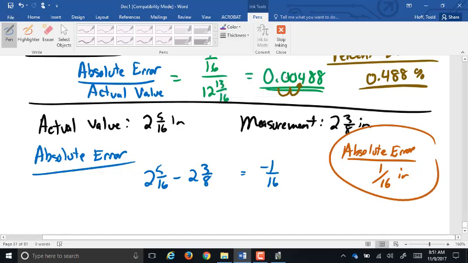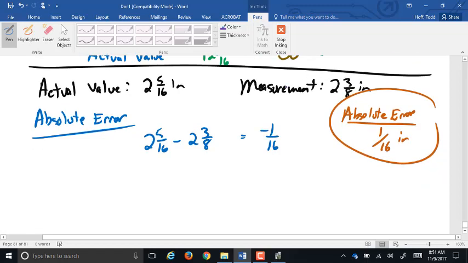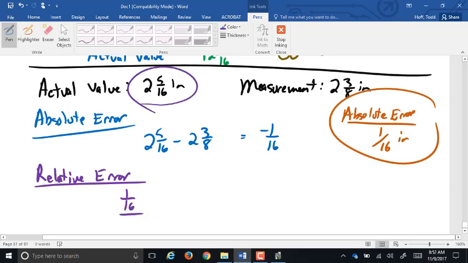Will the relative error be the same then? No, why not? Well, even though it's still a 1/16 of an inch absolute error, the actual value is only 2 5/16 now.